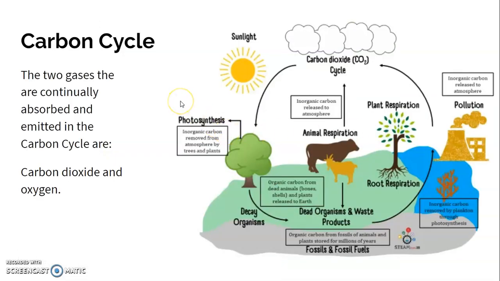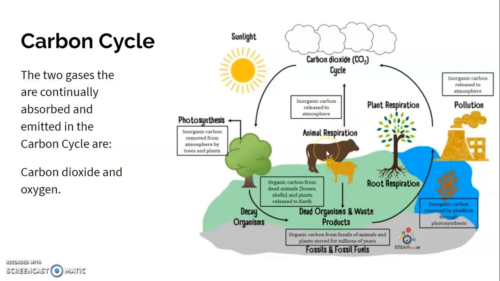Then we moved on to the carbon cycle. The basic thing that I want you to understand about the carbon cycle is that it's an exchange of gases, carbon dioxide and oxygen. Sometimes oxygen is turned into carbon dioxide, sometimes carbon dioxide is turned into oxygen. Some examples are when plants respire, meaning plants put off oxygen and they take in carbon dioxide. That has to do with the carbon cycle.